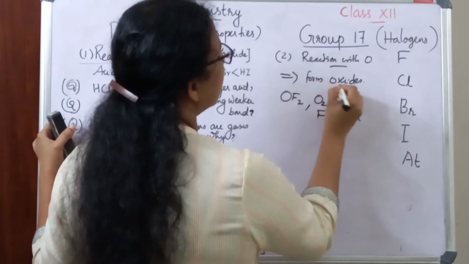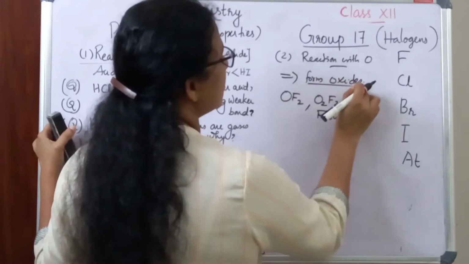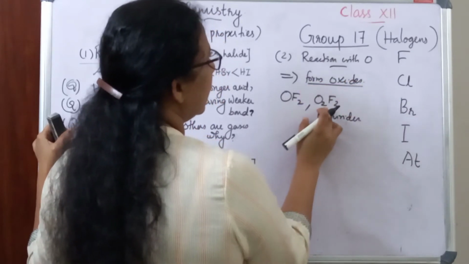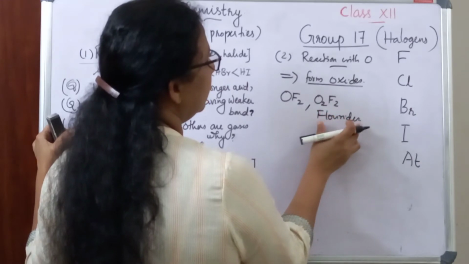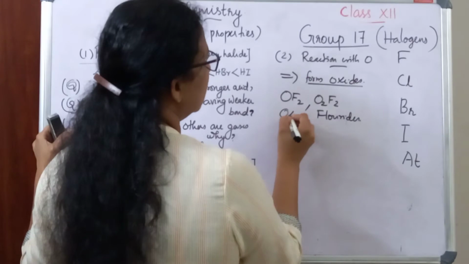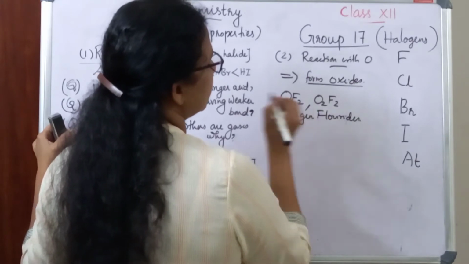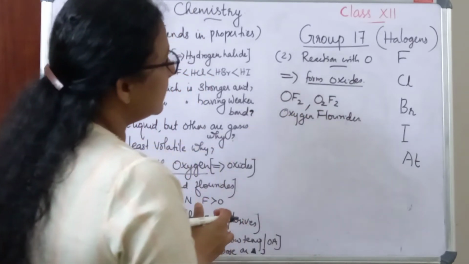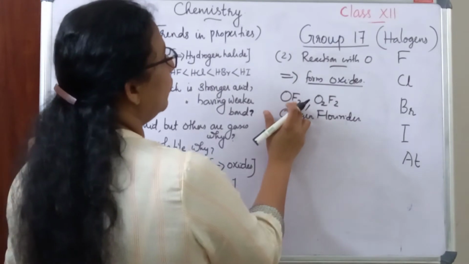Generally we say it forms oxides, but in the case of oxygen and fluorine, these compounds are called oxygen fluorides, not fluorine oxides.